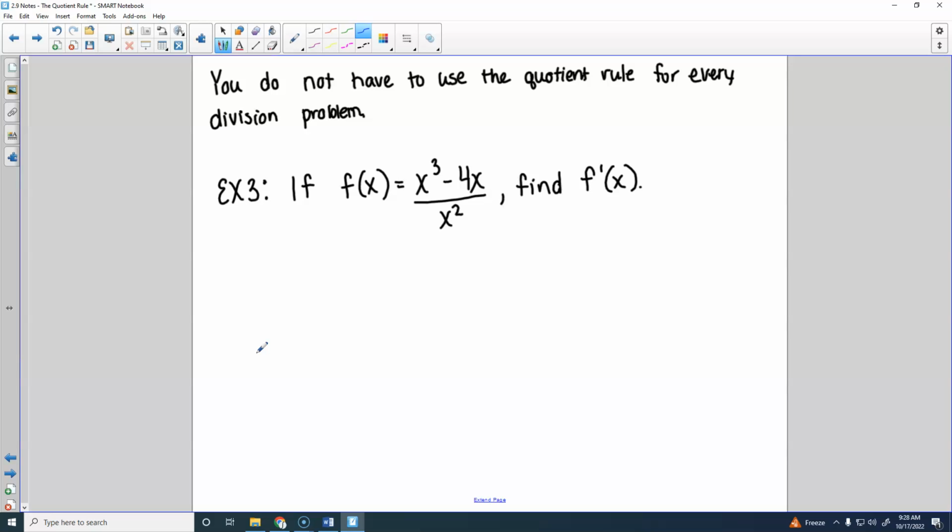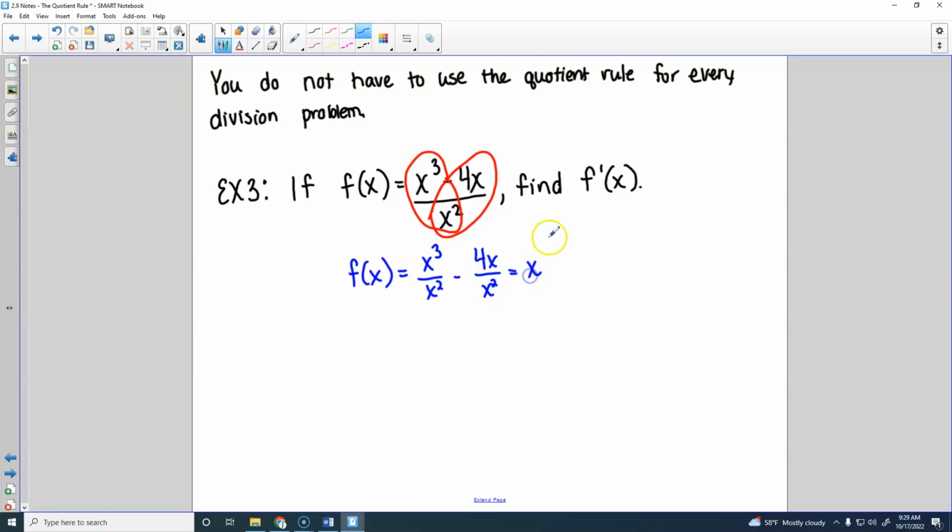Yes, you could factor out an x. It would still give you an x in the bottom if you did that. So what I would just do straight away, because you're going to have to do this either way, is do the love connection. Here, divide both of those terms by that x squared. So if you do that, then you're going to get f of x equals x to the third over x squared minus 4x over x squared.